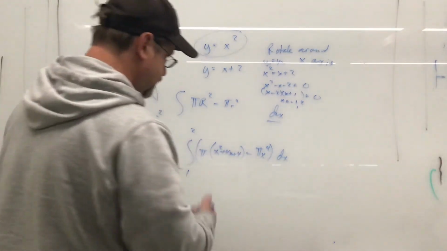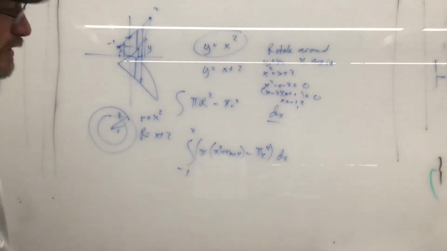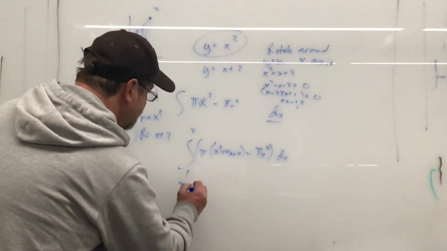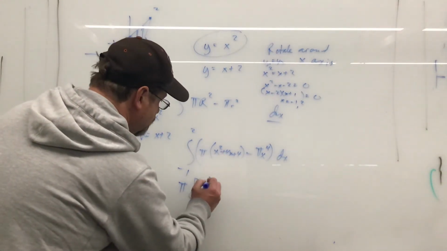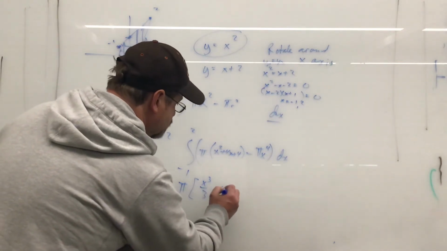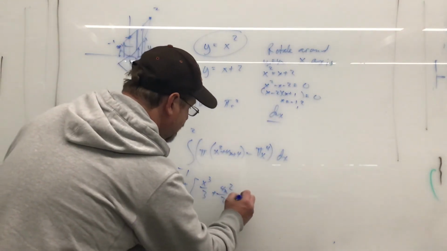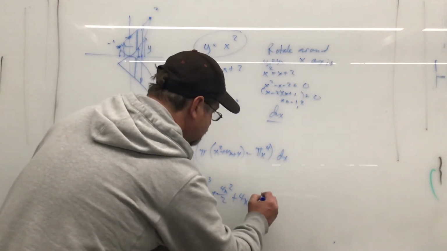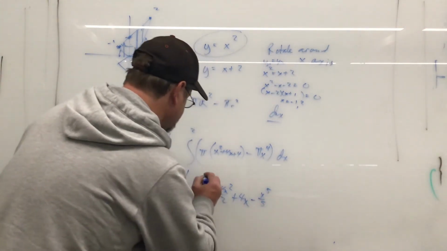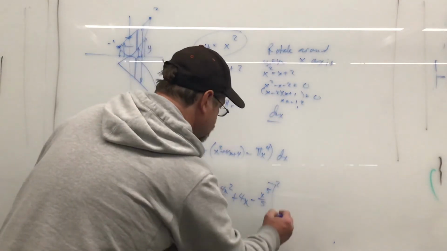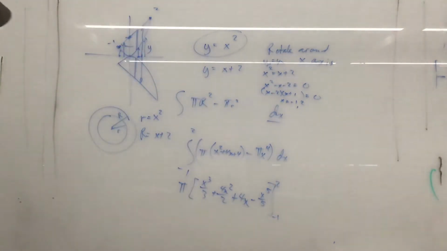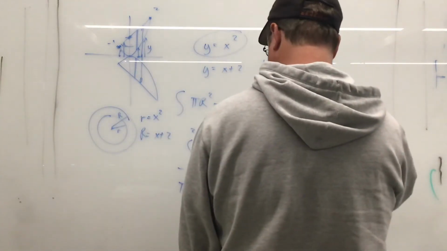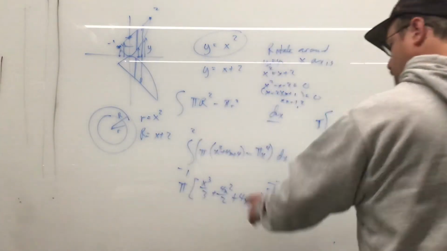Once again, these integrals do not tend to be particularly complicated integrals. They tend to be raised to the power by 1 and divide by it. I've got my pi, x cubed over 3, 4x squared over 2, 4x, minus x to the 5th over 5. All of that evaluated at 2 and at minus 1. I've got pi, and what do I have here?